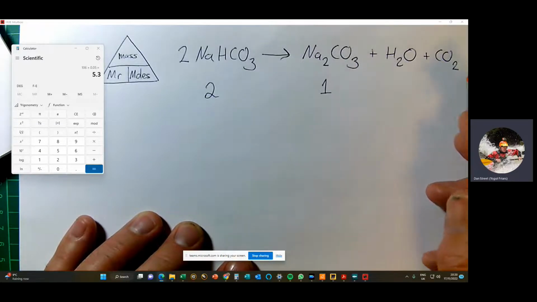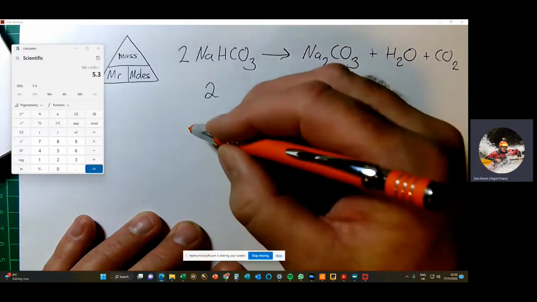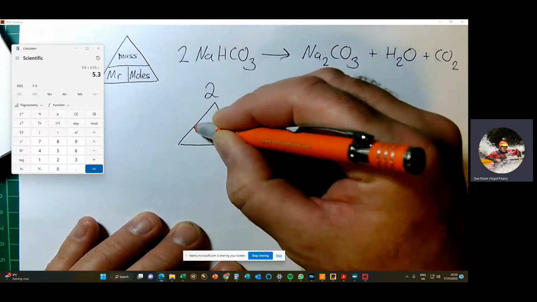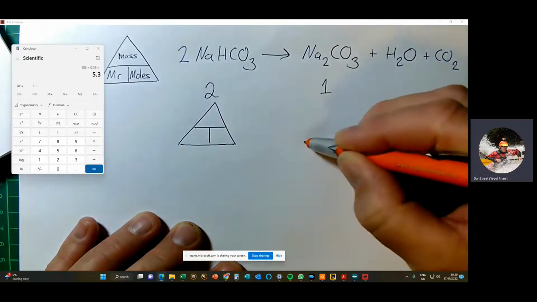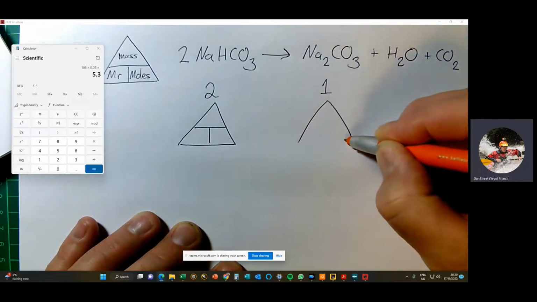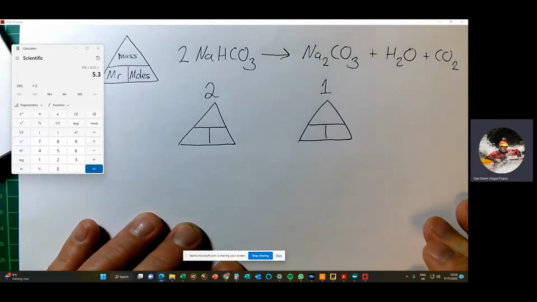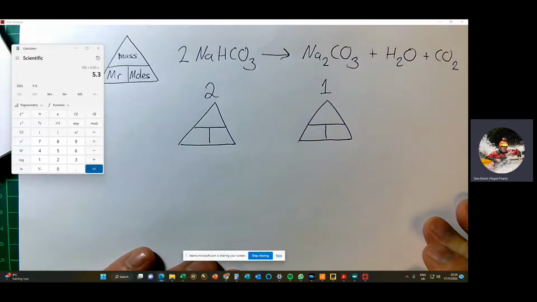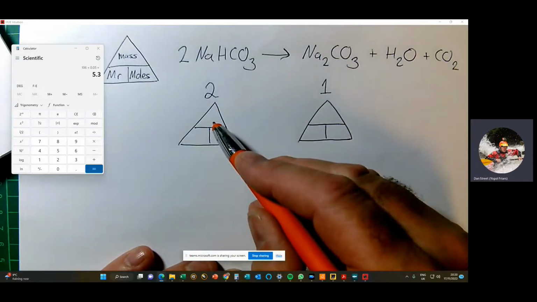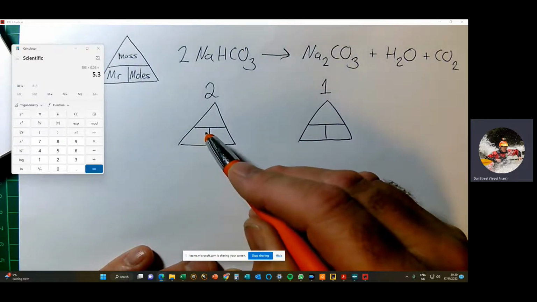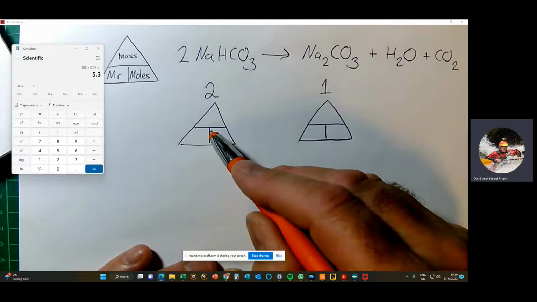Okay, so what we could do is we could introduce our triangle for the 2 compounds that we're interested in, and we could fill in the information that we know, or that we can work out, and then we can use that to work out what we need to know. So for the sodium hydrogen carbonate, we're told in the question that we have 8.4 tons.